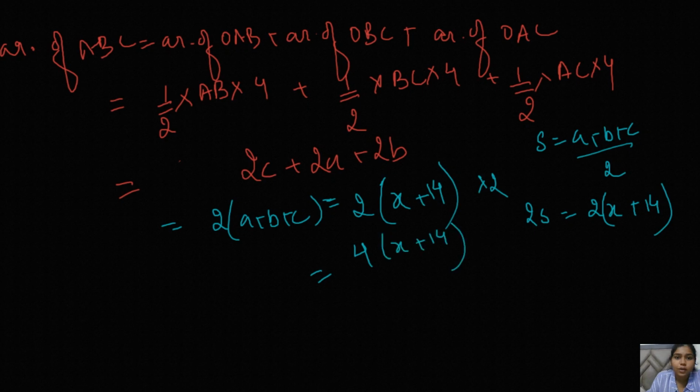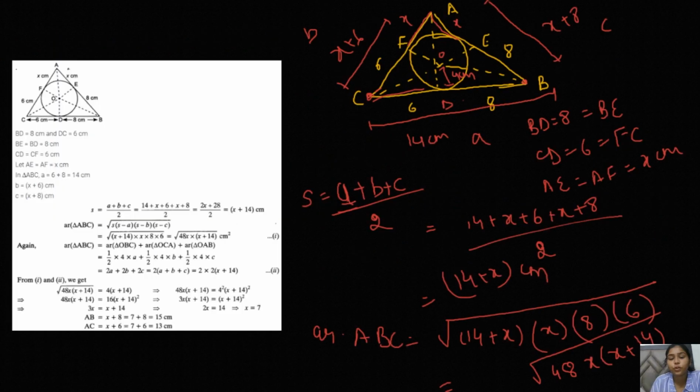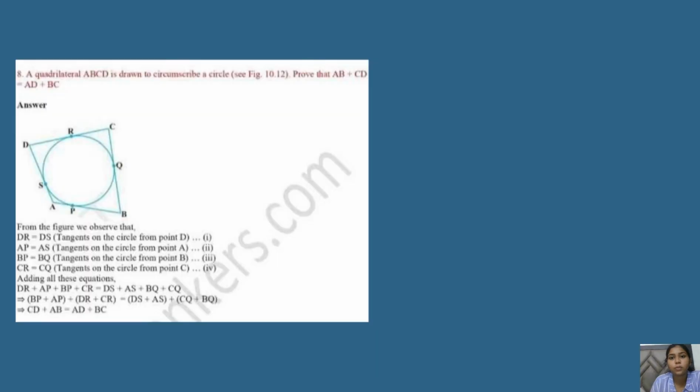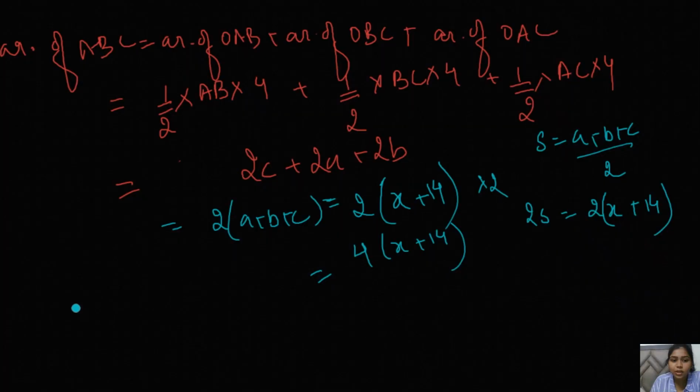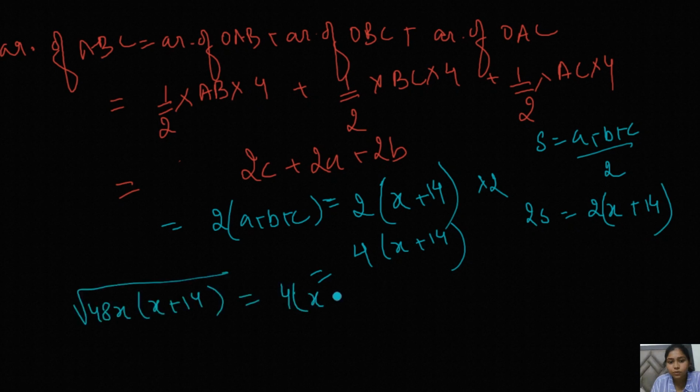Okay, let's have a look again at the question to remind you. So 4x plus 14, and it was root of 48x into 14 plus x. Since both of them are the areas, we can keep them equal. Root of 48x into x plus 14 equals 4x plus 14.